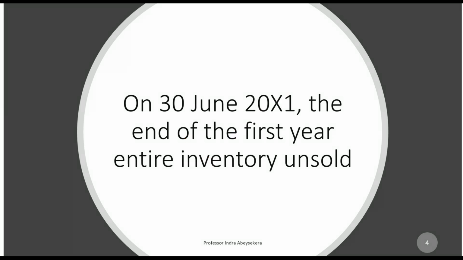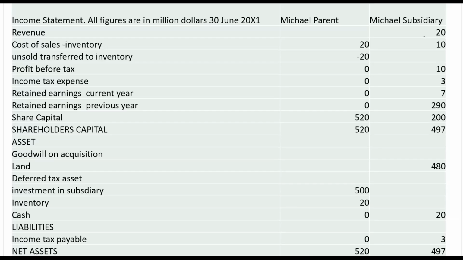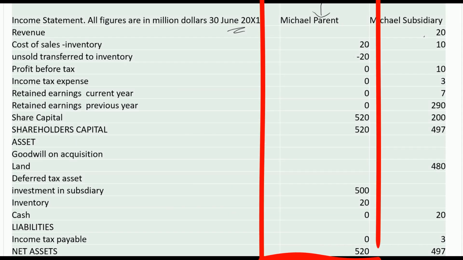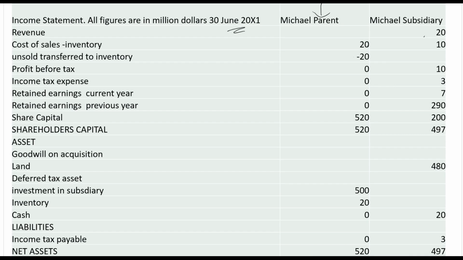On 30th June 20X1, end of the first year, the inventory was unsold. So at that time, for Michael Parent, there was inventory that was unsold.